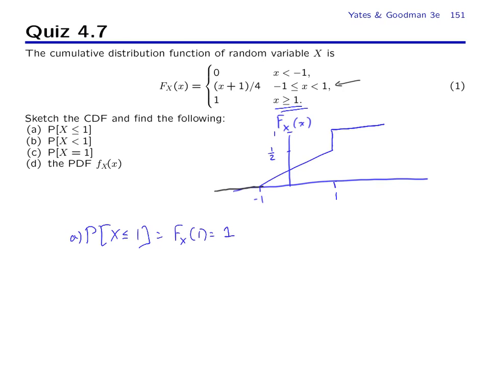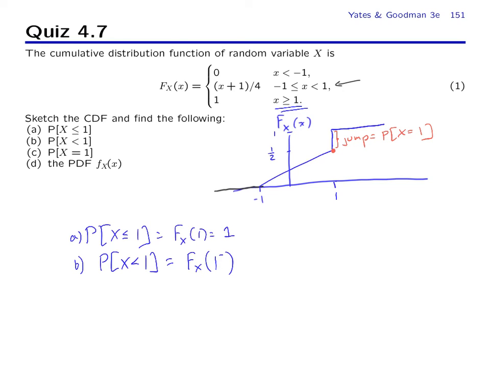That's part A. Part B, the probability x is strictly less than 1 is the CDF of x at 1 minus the jump. It corresponds to this point down here, because this discontinuity, this jump, equals the probability x equals 1, and the probability x is strictly less than 1 doesn't include that.